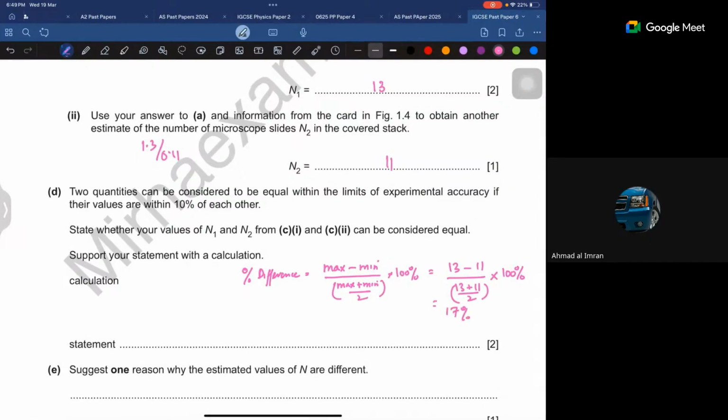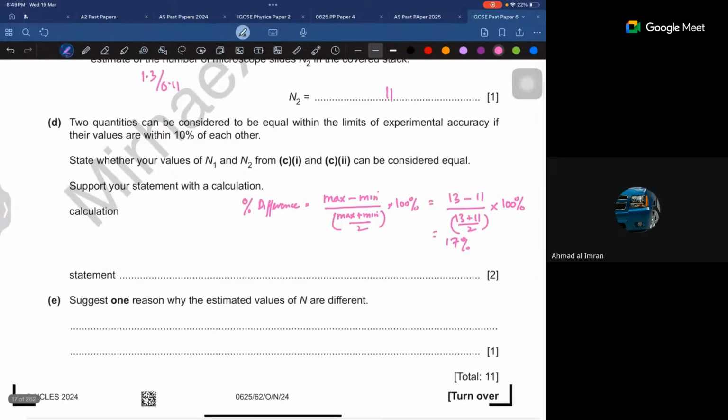And the statement is that actually the two quantities are not within the experimental accuracy, right? So you have to show the whole thing, whole process, please.